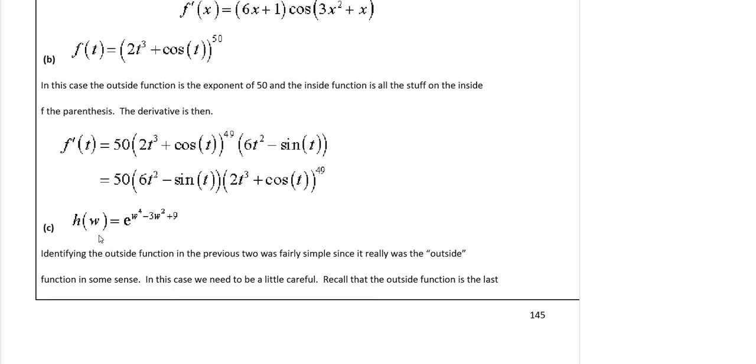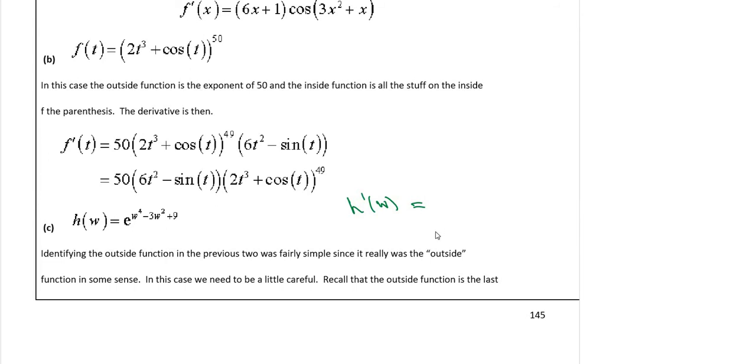Right, so the last example that we have here, so now we have e to the whatever. Well, the derivative of e stays e. So in other words, if I do the outside function, which is e, remember it's e to the power of. So remember that w squared is not the outside function. No, that's the inside.